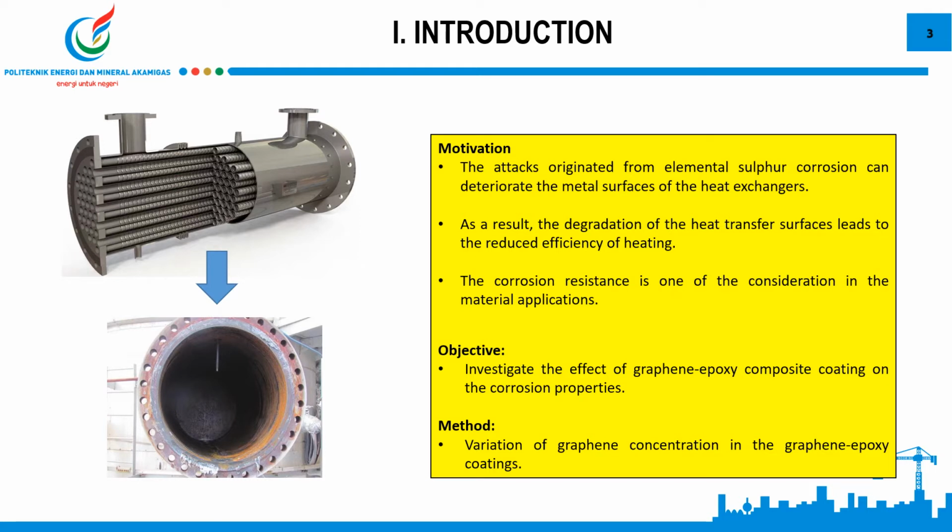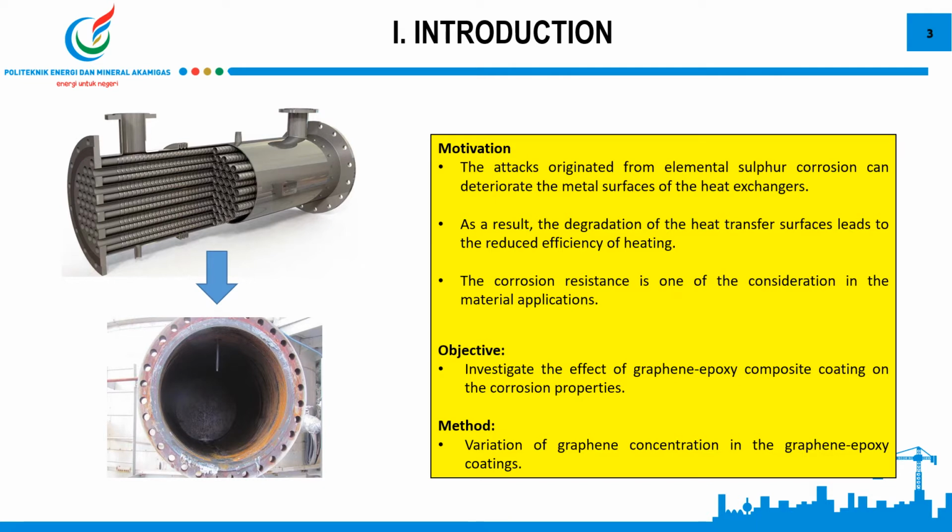This can lead to the degradation of the materials and heat transfer surfaces. As a result, this leads to the reduced heating efficiency. Therefore, the corrosion resistance is a crucial thing in the material applications.